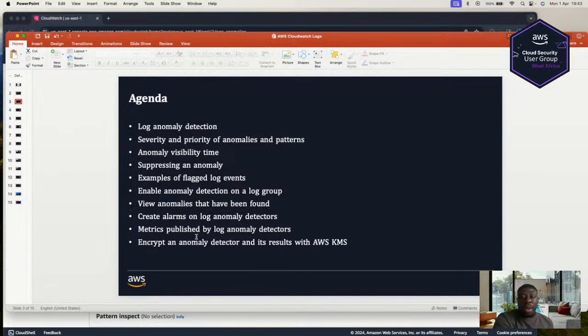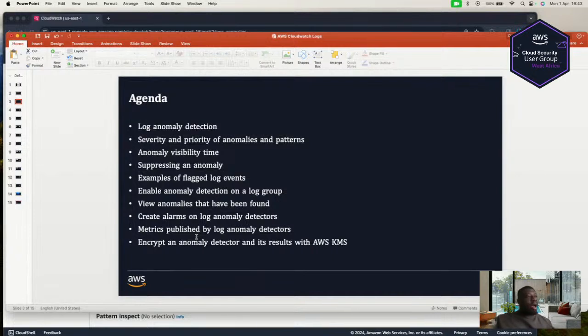We've also spoken about suppressing an anomaly, for instance in a scenario where you know that anomaly is not harmful and you intend to suppress it, and how that can be done. We've also shared examples that can cause an event in your log group to be flagged.